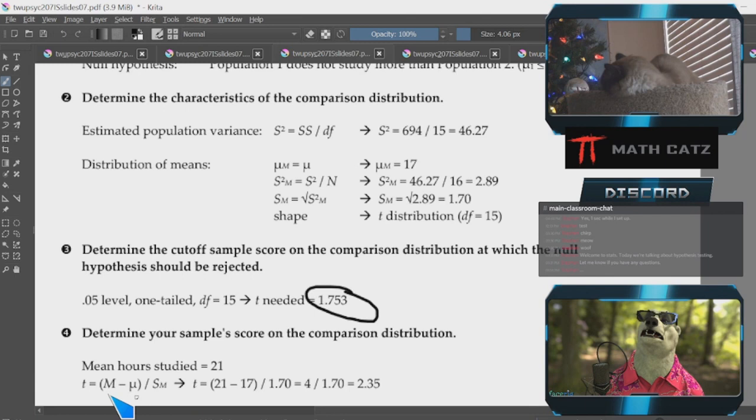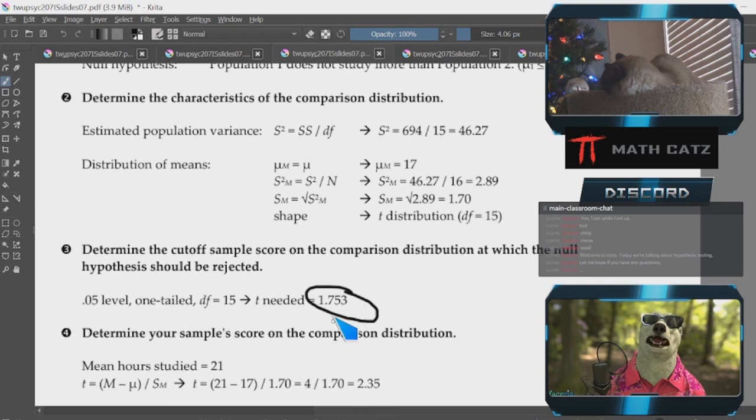Sample mean minus population mean over standard error, which is really the approximation of the standard error, which is why we use an S and not a sigma. Plug that in, and we get that our observed t-score is 2.35.